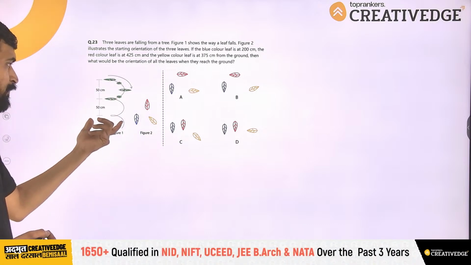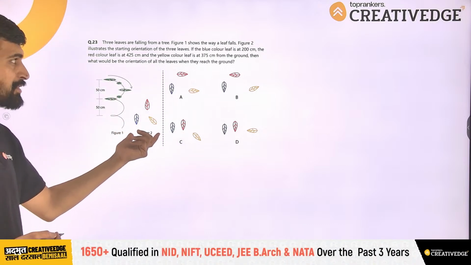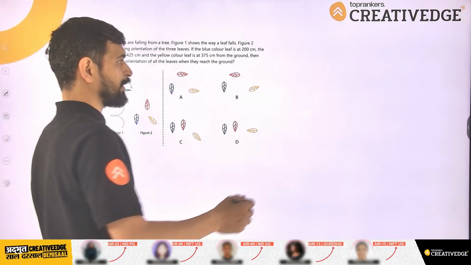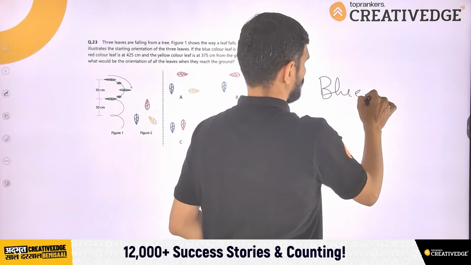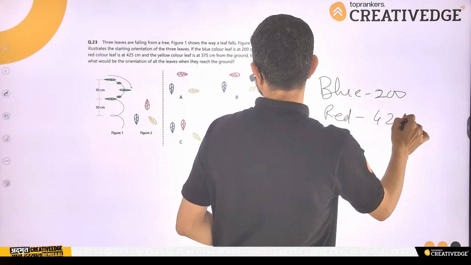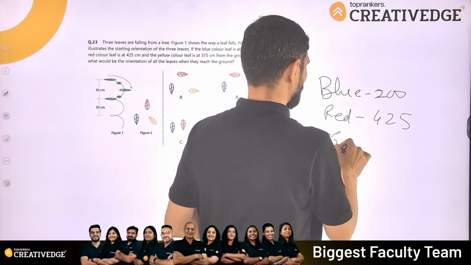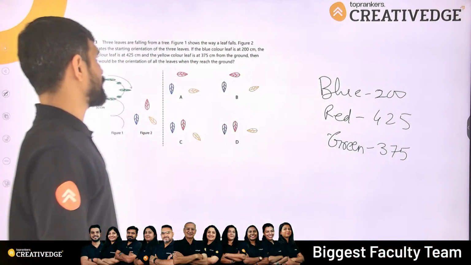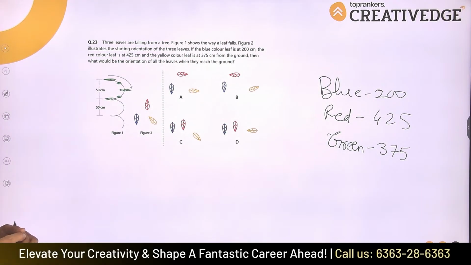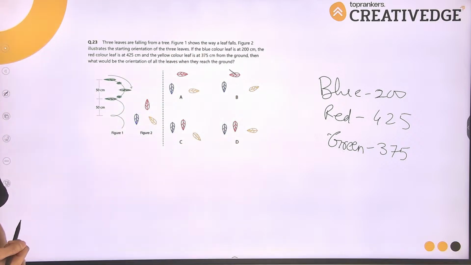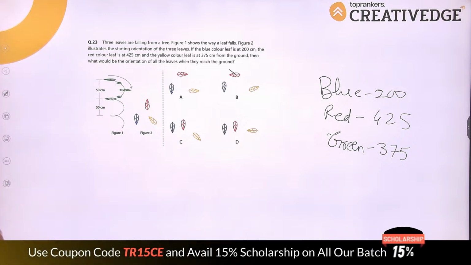So the pattern of the leaf falling and the initial orientation are given here. If the blue leaf is at 200 centimeters, the red leaf is at 425, and the green leaf is at 375. Right? Then what would be the orientation of the leaves when they reach the ground? So you have to identify which one is correct. Again, only one answer is correct.